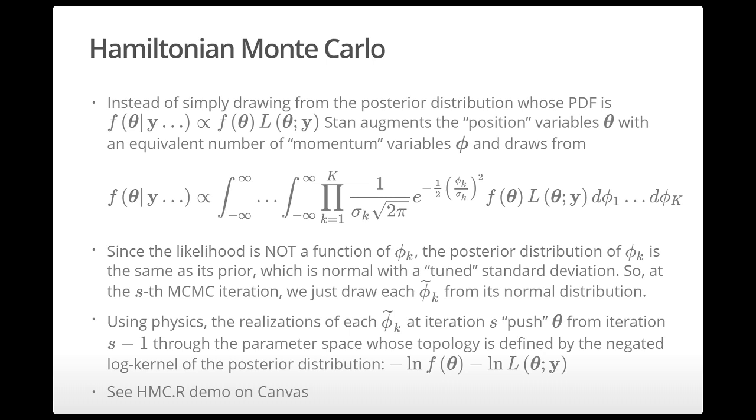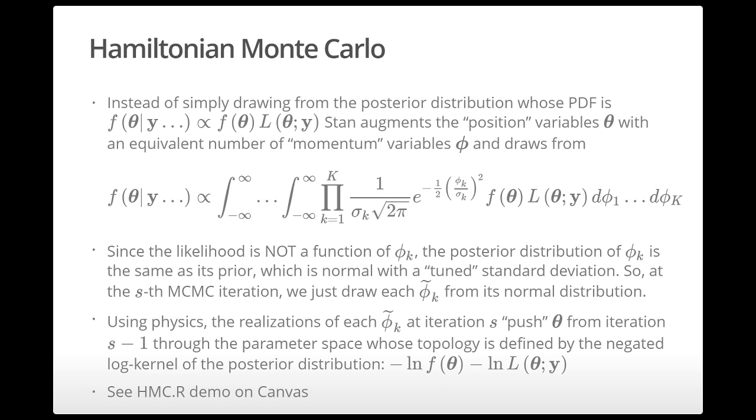And it's fairly easy to integrate out phi analytically because the likelihood function doesn't depend on phi. The likelihood is only a function of theta. Consequently, whatever prior you use for the momentum parameters phi is going to be the same as the posterior distribution, or the posterior distribution of the phi parameters is going to be the same as the prior.